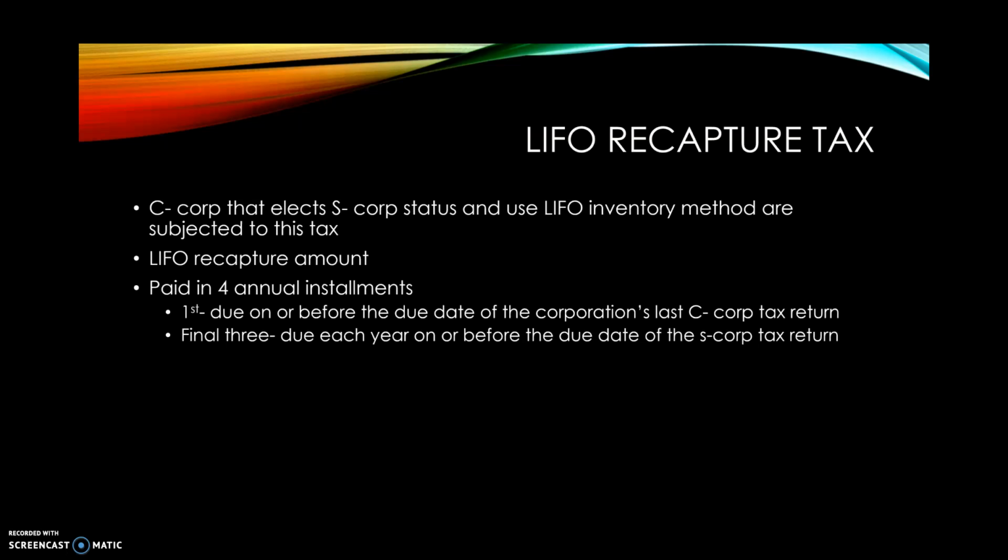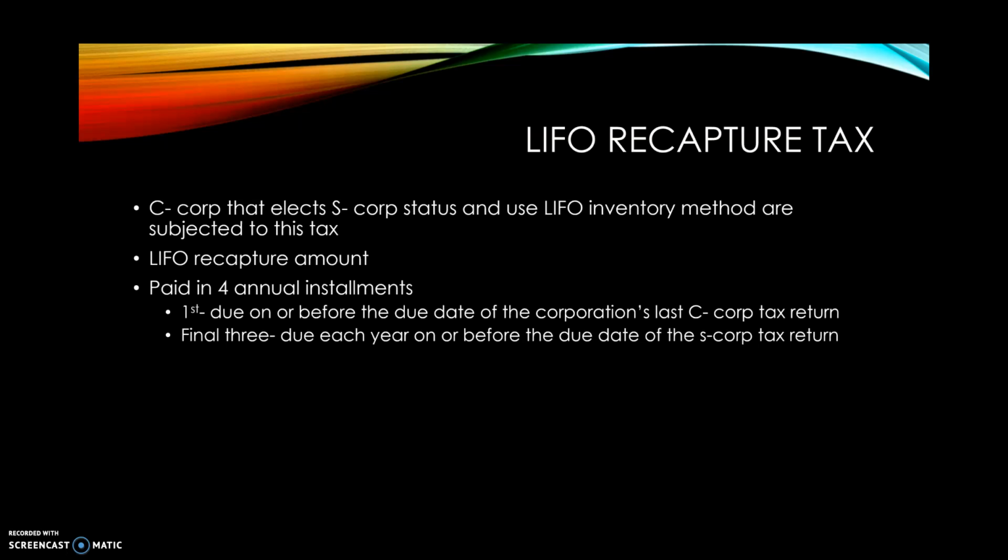LIFO recapture amount is the excess of a C corporation's inventory basis under the FIFO method over the inventory basis under the LIFO method in its final tax year as a C corporation before it becomes an S corporation. The recaptured amount is included in gross income in the last year of operation and taxed at a C corporation's marginal tax rate.